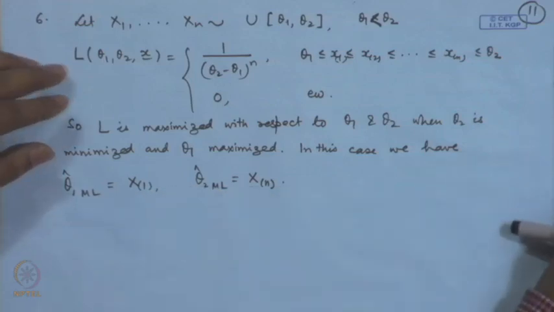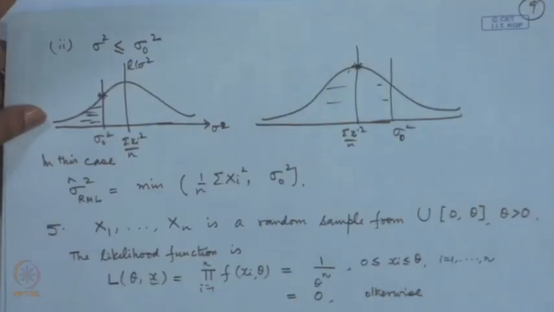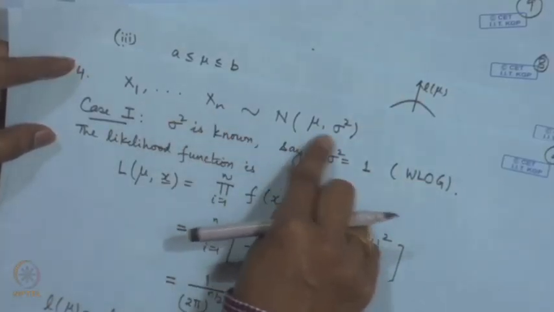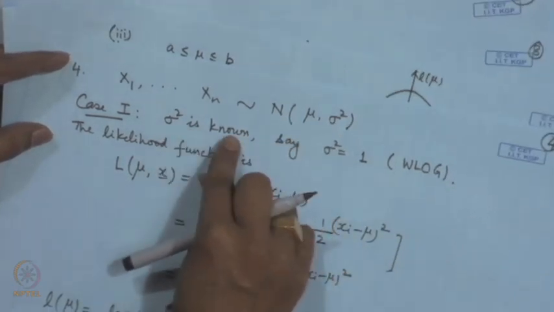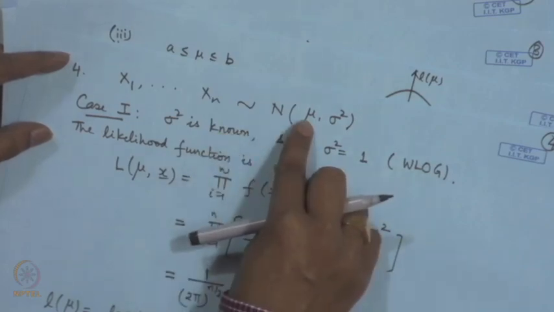Now, let us go back to the case of normal distribution that I discussed earlier. Here I had taken special cases. If you see carefully, if we consider normal mu sigma square, I have taken sigma square to be known. So, in effect I have reduced it to a one parameter problem.